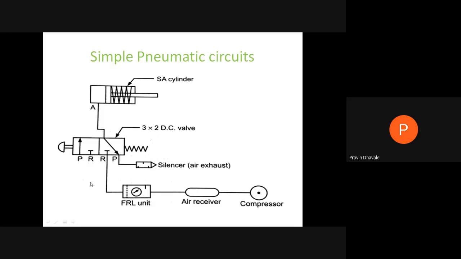This is a simple pneumatic circuit. Those are having the common input part, direction control valve, then actuator, and usually all the pneumatic circuits are having the silencer or air exhaust muffler.